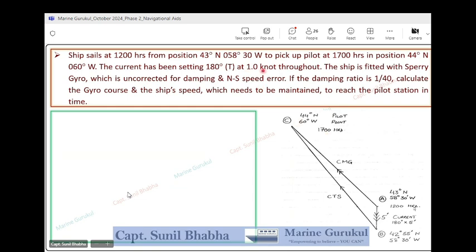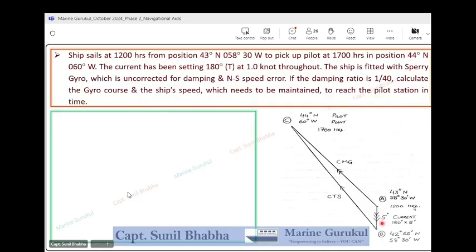So with a rate of 1 knot in 5 hours, the vessel will be drifting by a distance of 5 nautical miles. So what we do is at the starting position A, we apply the current vector. The set is 180, so we draw it in a southerly direction. And the magnitude of the vector, which is equal to the drift of the current, is 5 nautical miles.